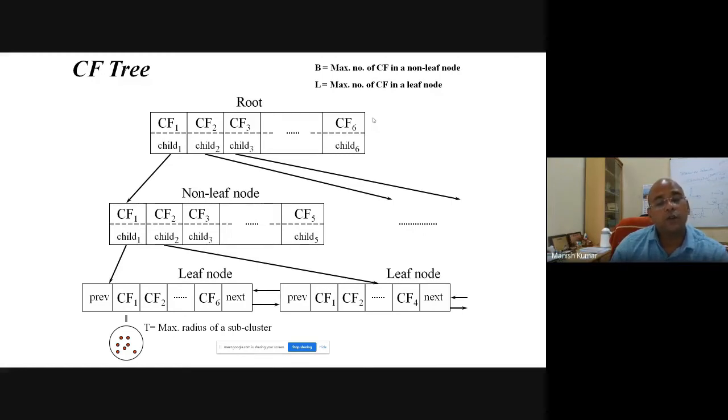We find the cumulative CFs of CF1, CF2 to CF6 to calculate the CF of this child one, which is the first part. Then all these CFs, CF1, CF2, CF3, and CF5, will generate the CF for the root, which is of child one. So that is how it works.